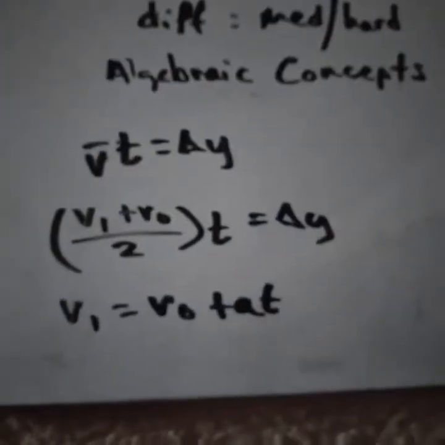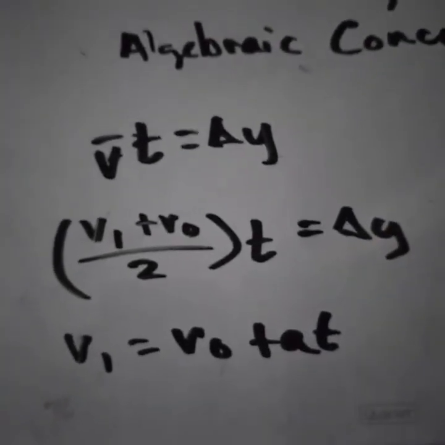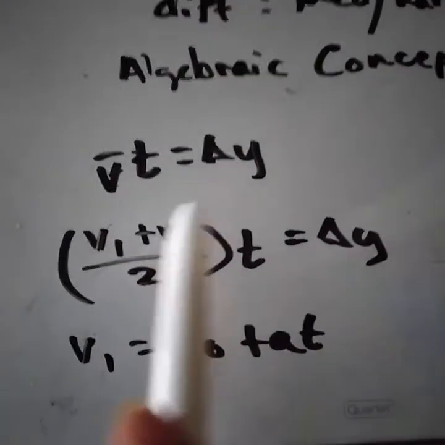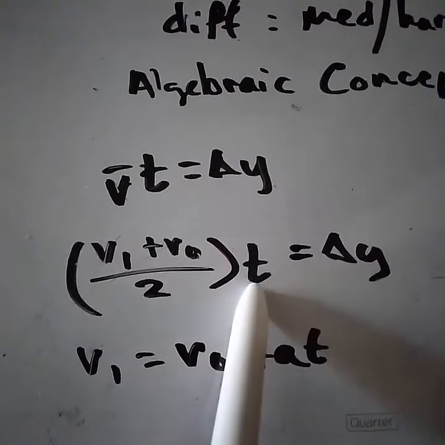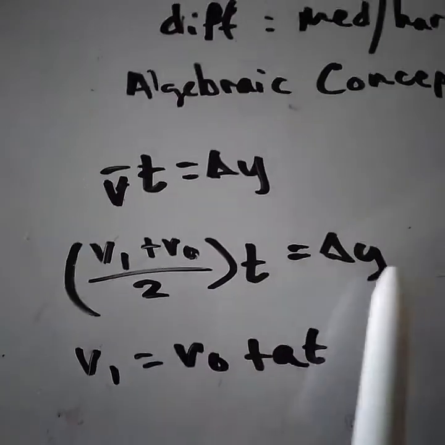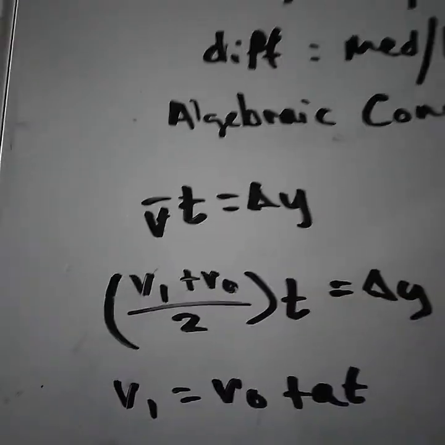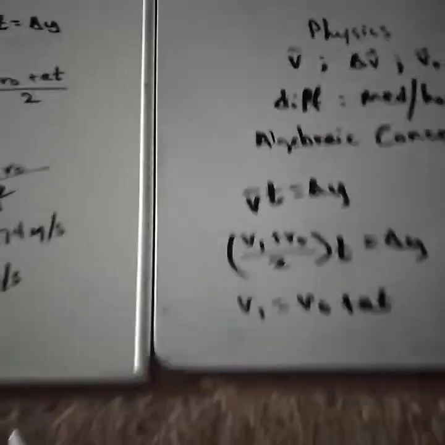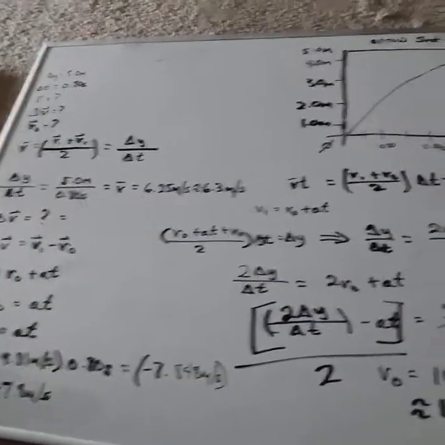Now we have our initial velocity, we have our final velocity, we have our time. So you can solve for final and initial velocity, divide by 2, multiply by our time duration, and see if it comes out to our displacement in the y direction. It does. I've already done that, but it's just a way for you to check your answer and see if it makes sense.